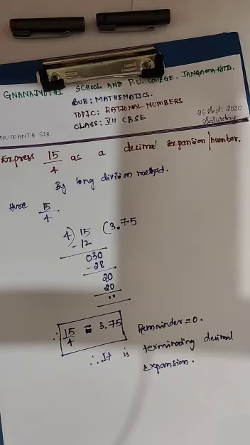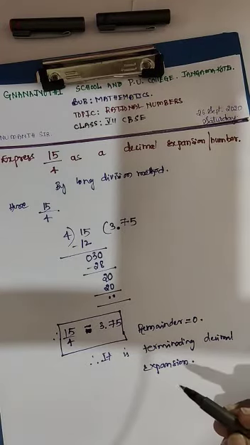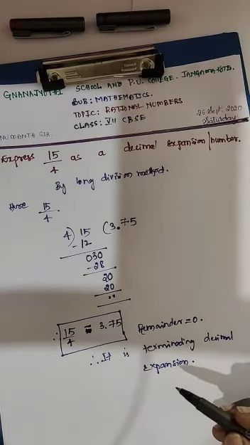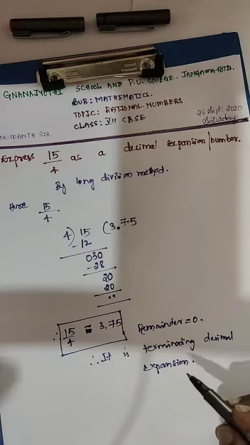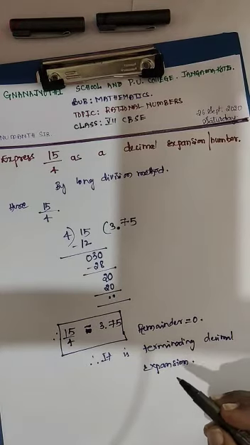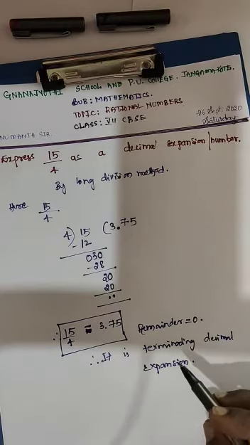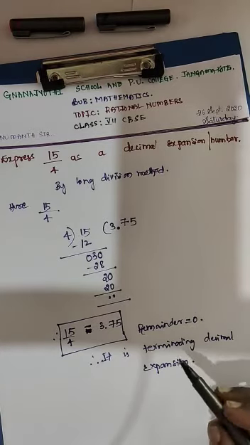So that word terminating: a terminating decimal expansion is usually defined as a decimal number that contains a finite number of digits after the decimal point, right?